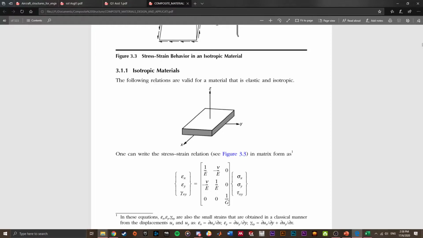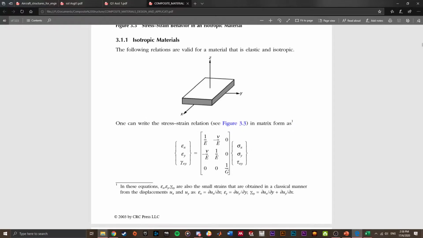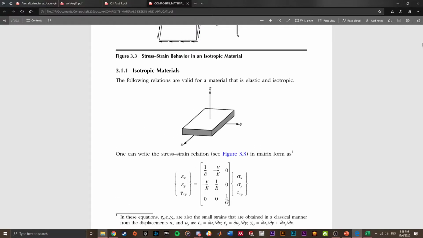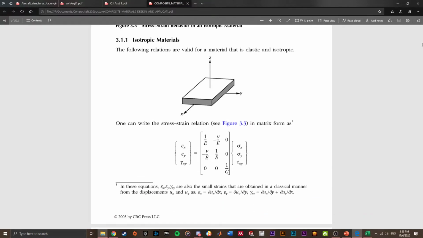So this is the formula. That's why this is zero, because it is not in the x and y direction of the elastic and stress relation. Instead of z we have the shear strain and shear stress relationship.